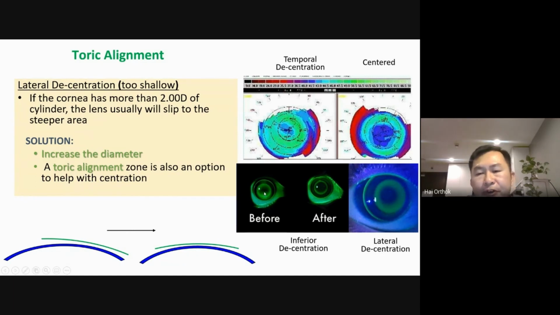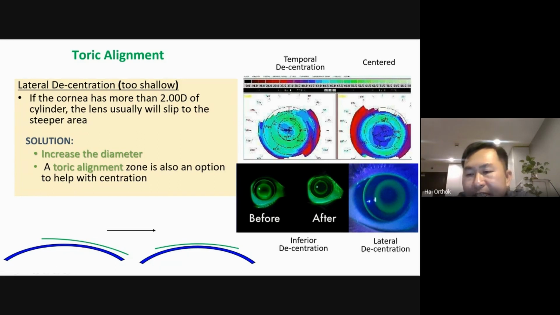And you have to move the lens from a standard lens to a premium lens or toric lens in order to have it well centered. And this is the real case we can see: when we move from a spherical lens to a toric lens, it's well centered. And then we also have another problem with decentration, which is lateral decentration.